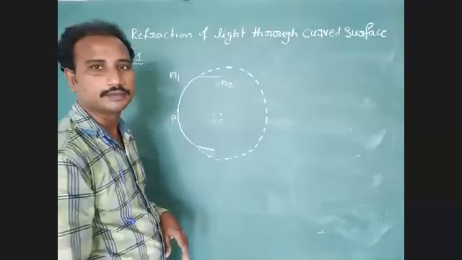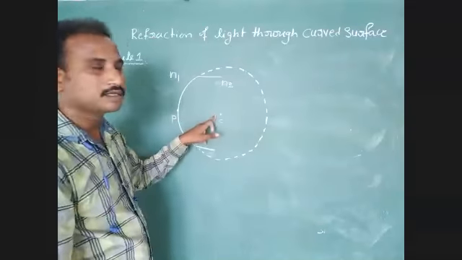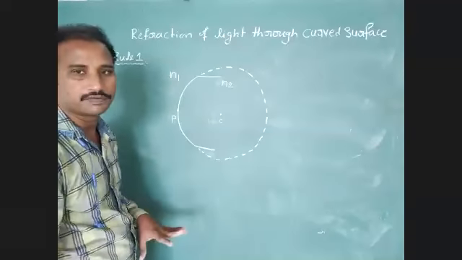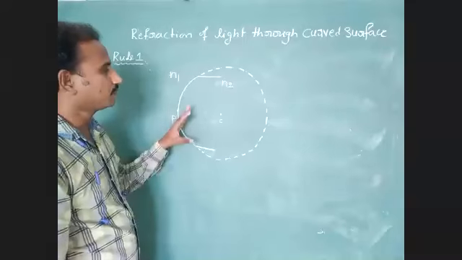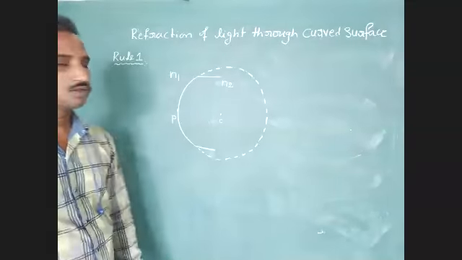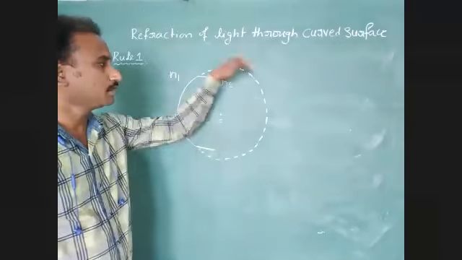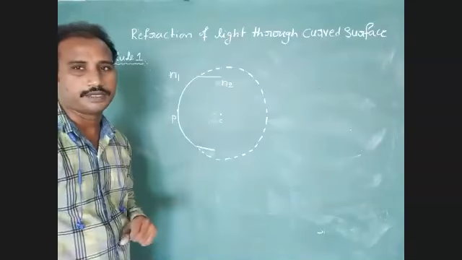This curved surface is one part of a solid sphere, and because of that reason we have to imagine that imaginary solid sphere.